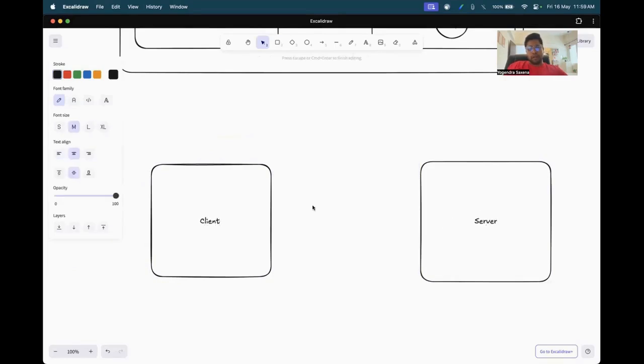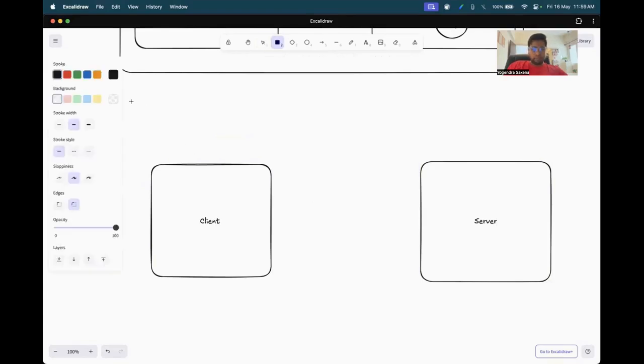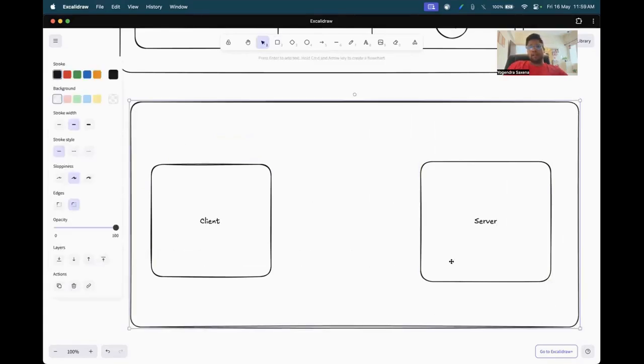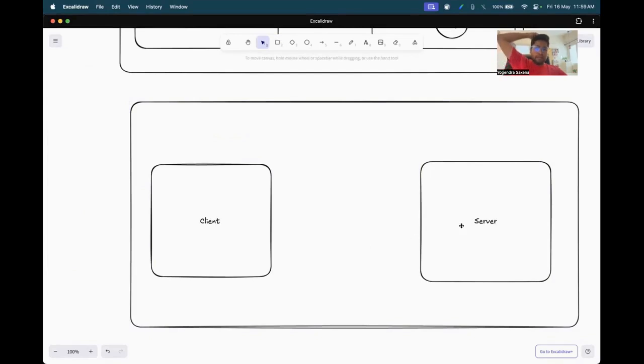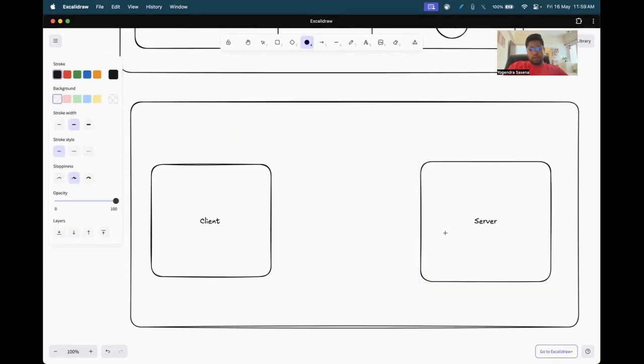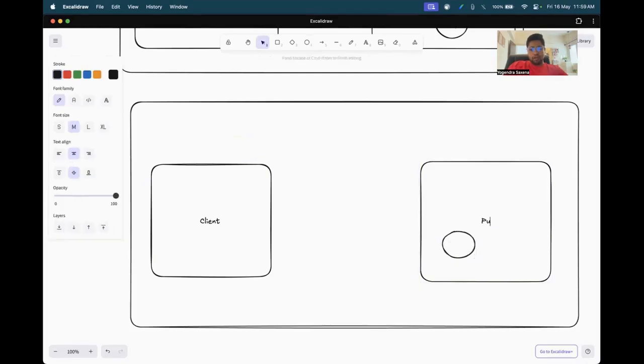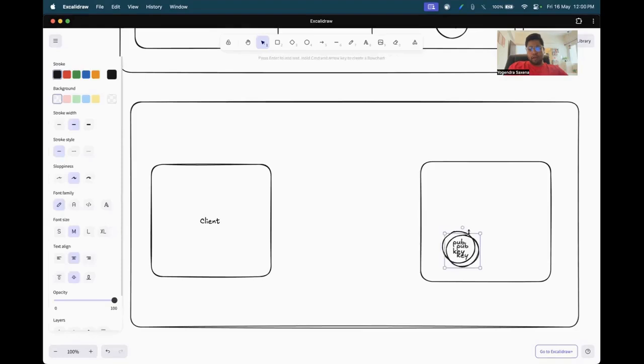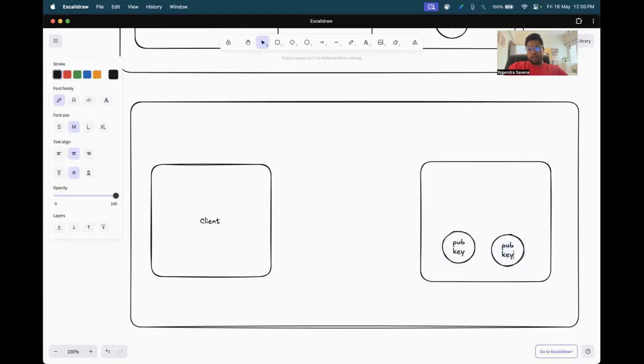The server will have a public key and it will have a private key as well, right?